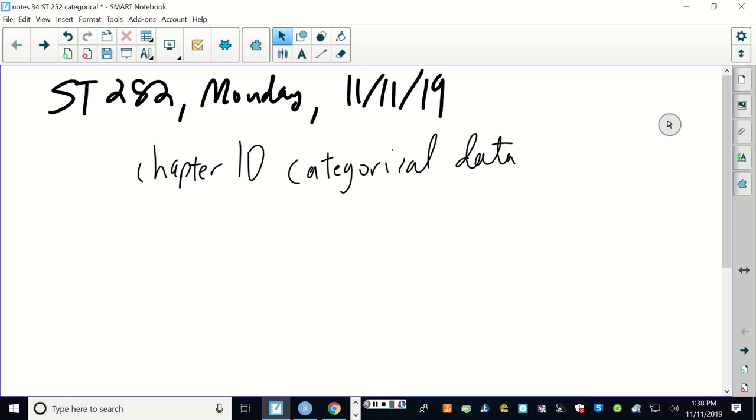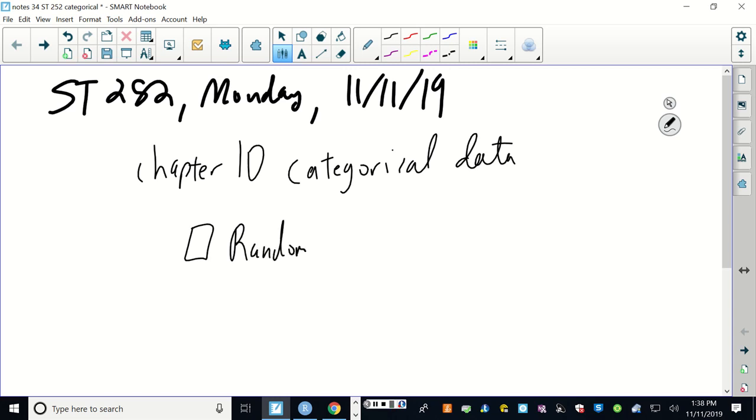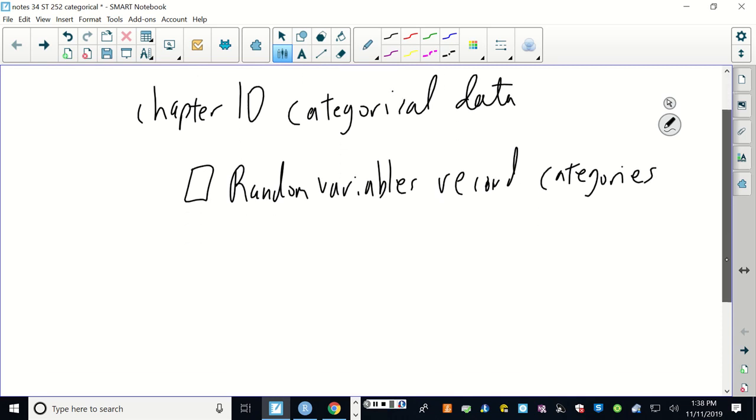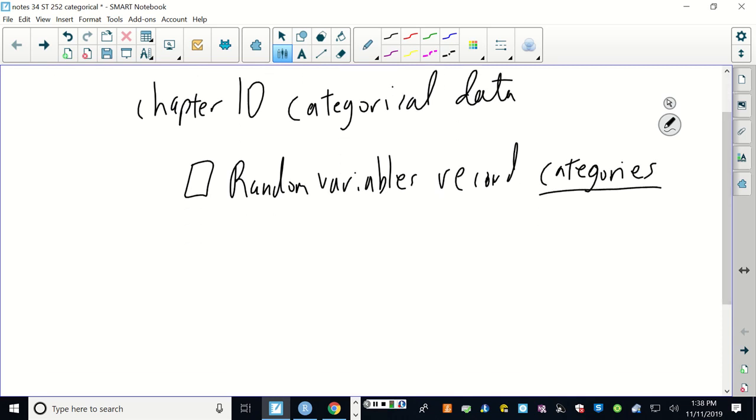The categorical data would be another type of data, and in this case, our random variables record categories. The categories can be yes or no, male or female, strongly agree, disagree, strongly disagree.